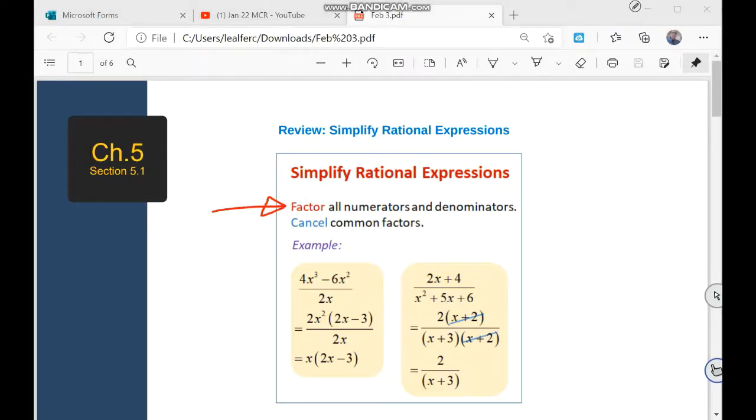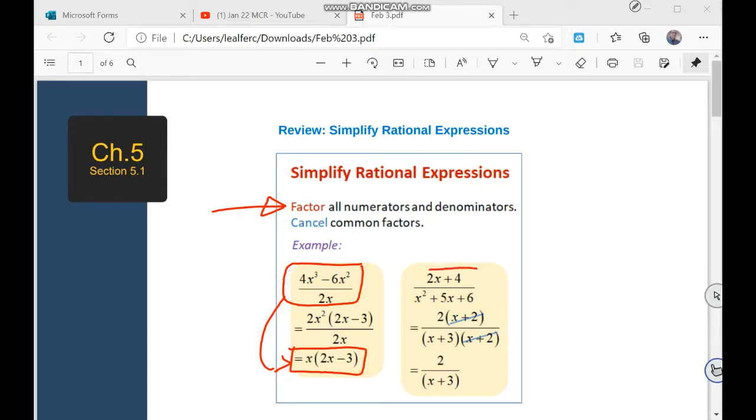After you do all the hard work, factoring all numerators and all denominators, you're going to move from this very complicated expression, with lots of terms, coefficients and exponents, to another expression, much simpler, see? After you factor and after you cancel the common factors.